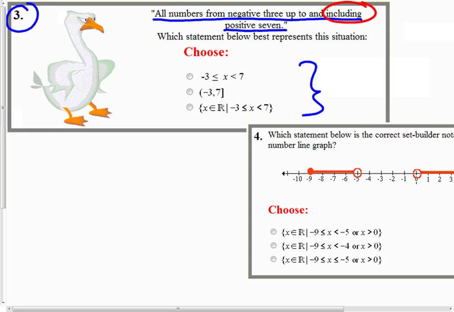Josh? The second one. That's your correct answer right there. If you look at this one, it's got that symbol. That means that 7 is not included. It's the boundary. Same with this right here. That doesn't match up with that. So we don't want those two. If it's got a bracket, that means that it includes it.